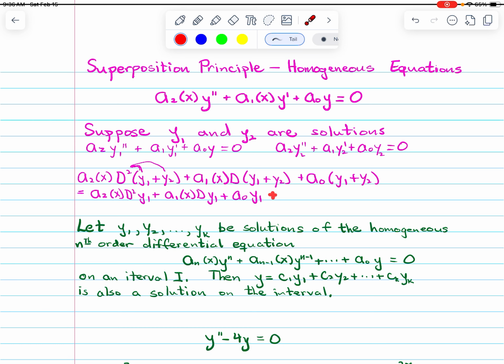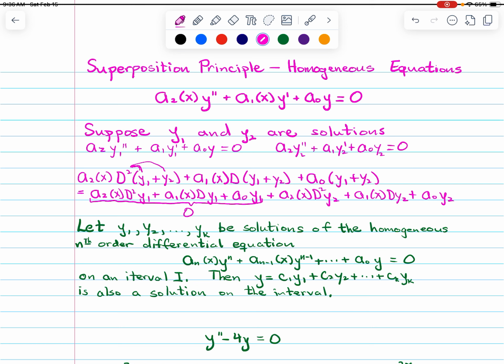Now I'm going to go back and get the other part of this that I left off. a2x d2 y2 plus a1x dy2 plus a naught y2. Okay, now we already know that this part right here is 0.